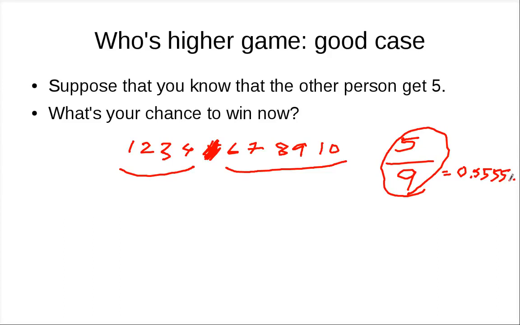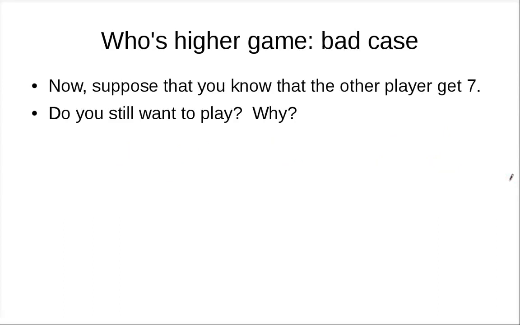So let's look at another case. If you know that the other person gets 7, what's your chance to win now? So 1, 2, 3, 4, 5, 6, 8, 9, 10, and this one is gone, right? So your ways to win are 3 out of 9.